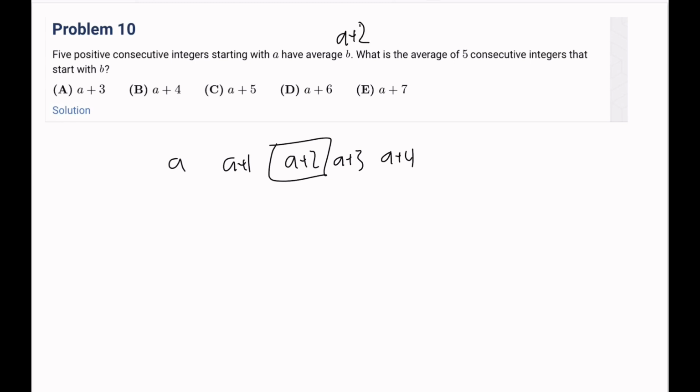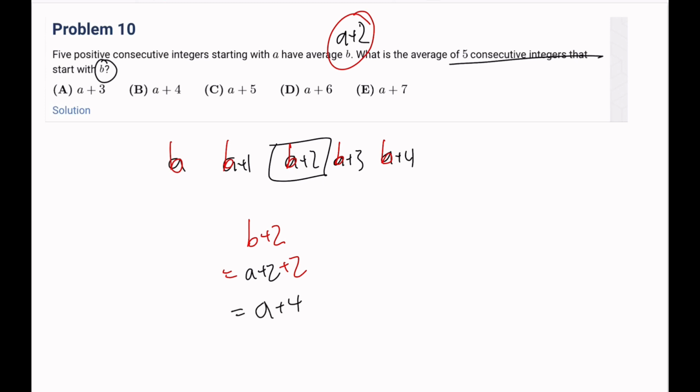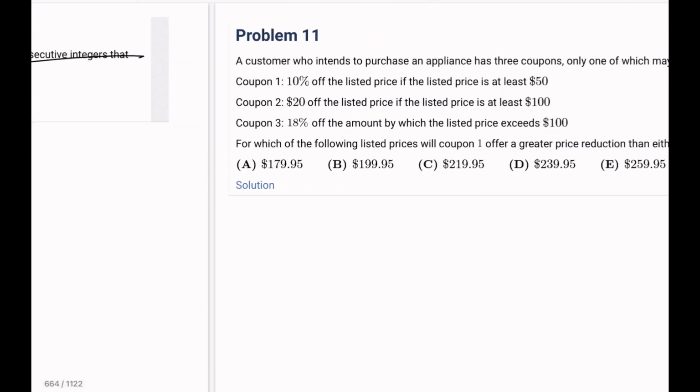For 5 consecutive integers that start with b, we can just replace a with b, and so that would make it b, b plus 1, b plus 2, b plus 3, b plus 4, right? And so what we want is b plus 2, but b is a plus 2. So this is a plus 2 plus 2, which is a plus 4. So that gives us B. The answer is B.